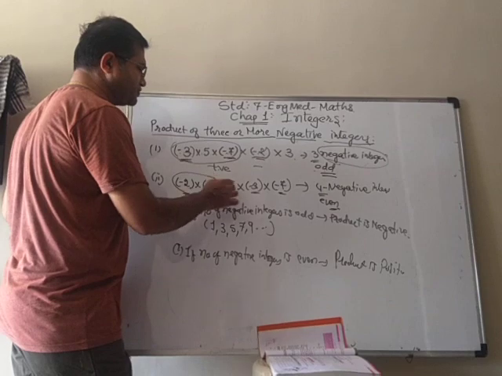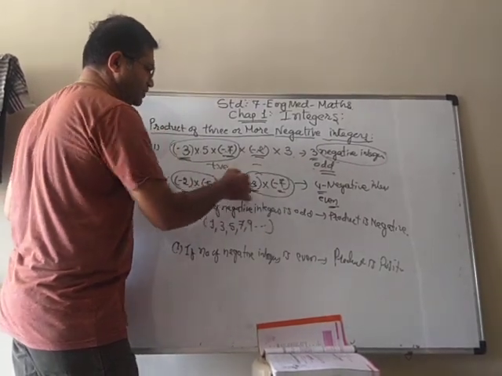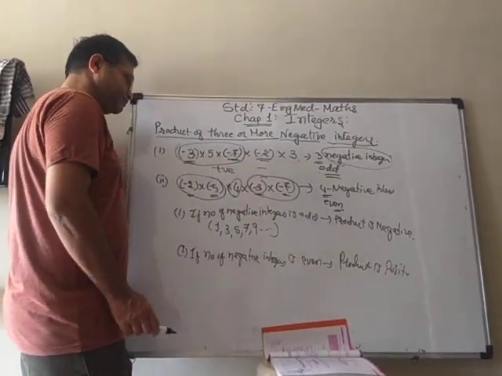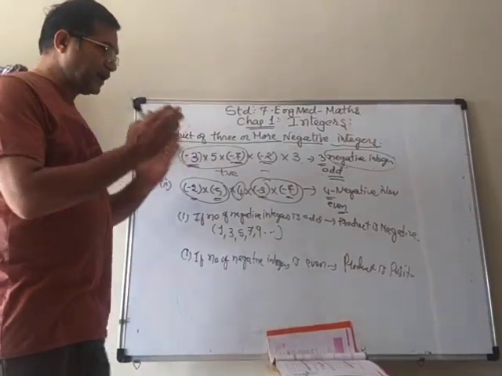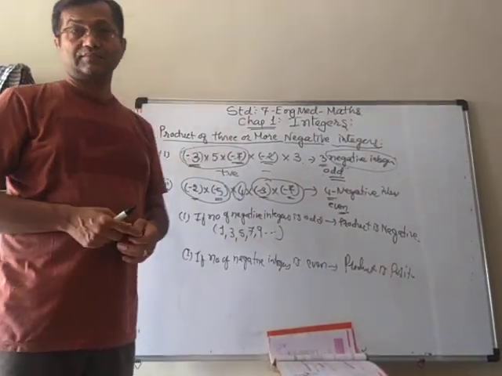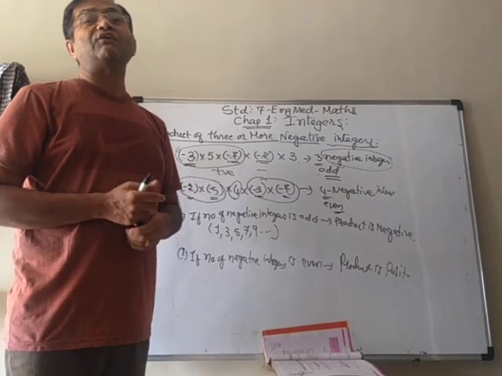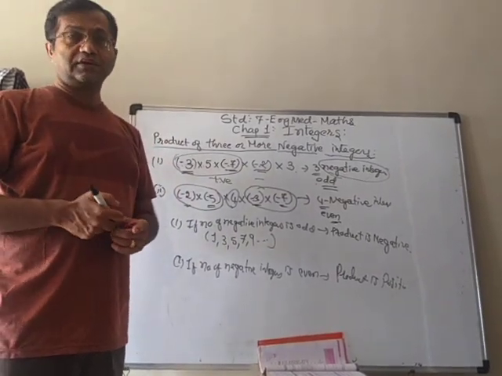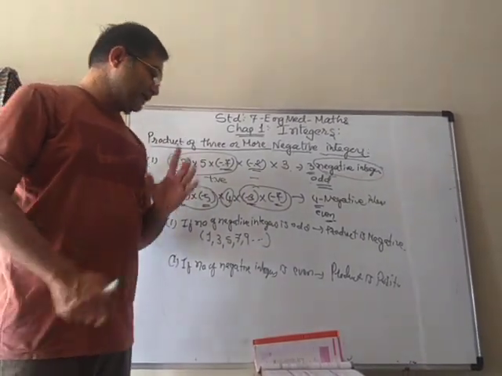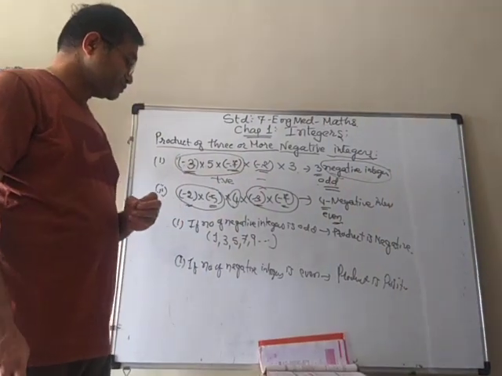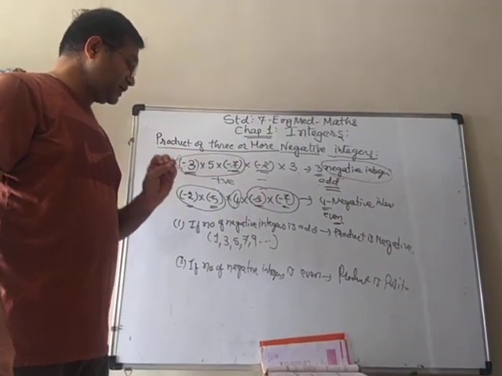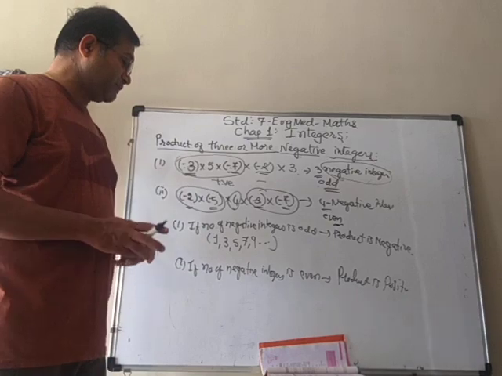Negative negative becomes positive, negative negative becomes positive, and this is already positive. So when the negative numbers are in pairs, meaning an even number, then the product will be positive. That is the very simple thing you have to remember.